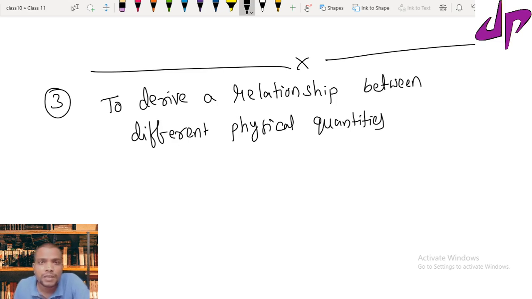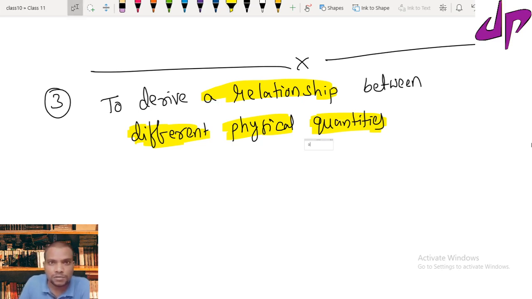Let us see how dimensional analysis helps us derive a relationship between different physical quantities.